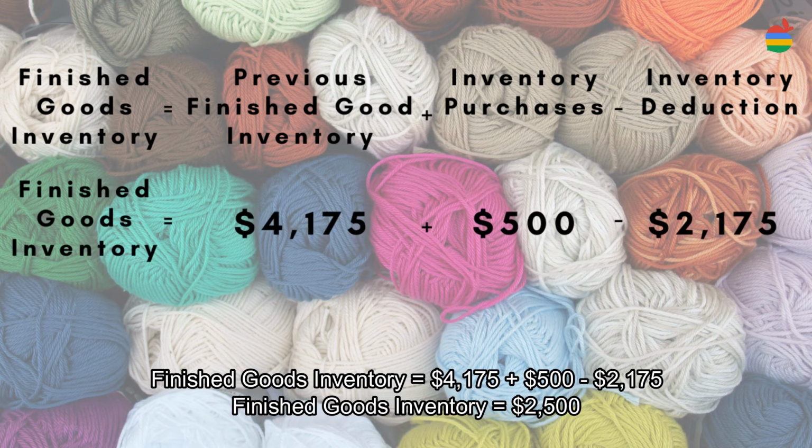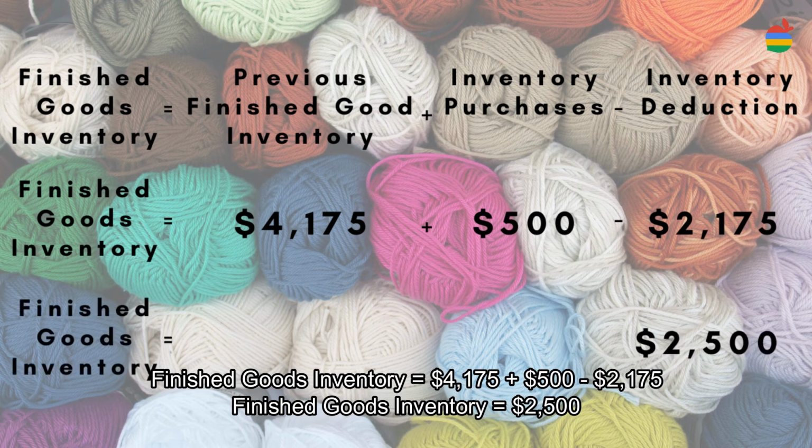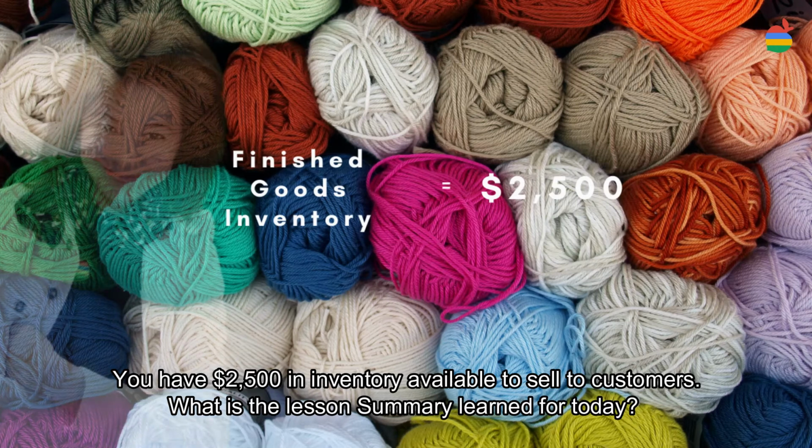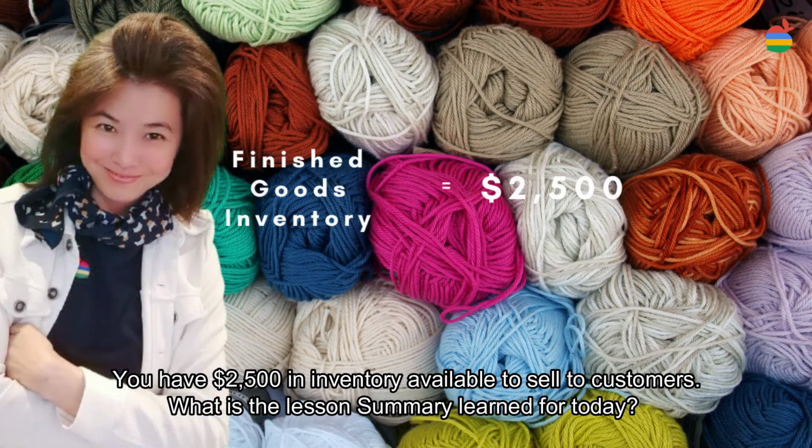Finished goods inventory equals 4,175 plus $500 minus 2,175. Your finished goods inventory equals 2,500. So you have 2,500 in inventory available to sell to your customers.